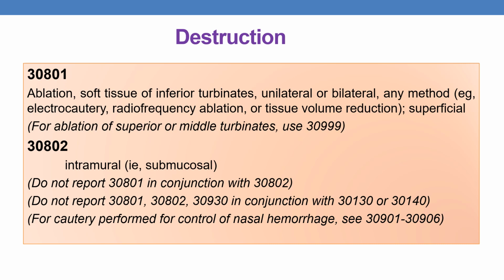Ablation soft tissue of inferior turbinates intramural. For example, submucosal. And do not report 30801 in conjunction with 30802. And do not report 30801, 30802 and 30930 in conjunction with 30130 and 30140. And for cautery performed to control the nasal hemorrhage, you need to see 30901 to 30906.